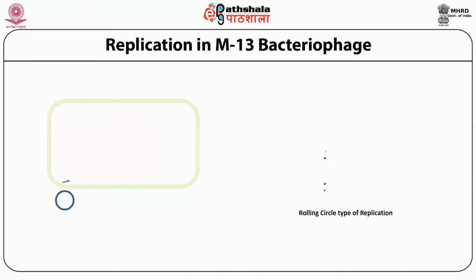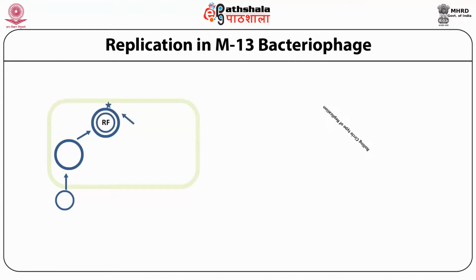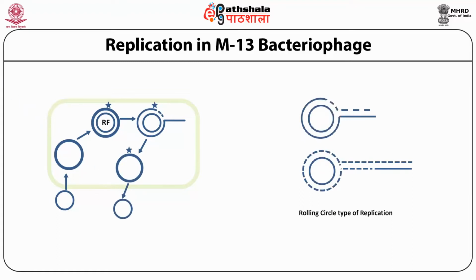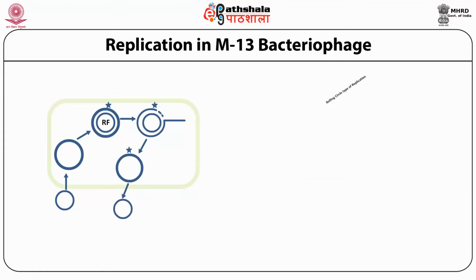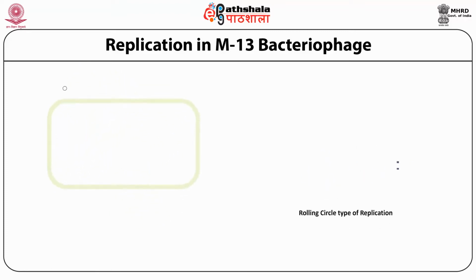The 3' hydroxyl end is released to serve as a primer for DNA synthesis by DNA polymerase III. Using the unnicked strand as a template, the replication proceeds around the circular DNA molecule, displacing the nicked strand as single-stranded DNA. Displacement of the strand is carried out by host-encoded helicase in the presence of replication initiation proteins.